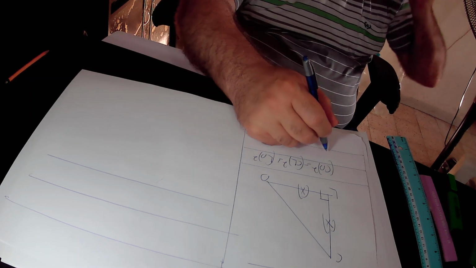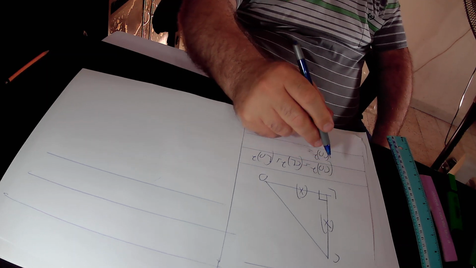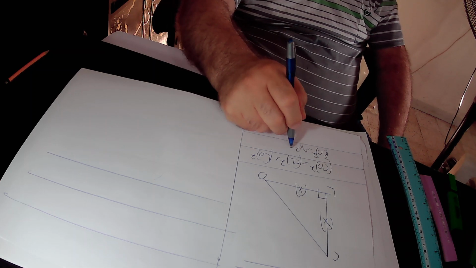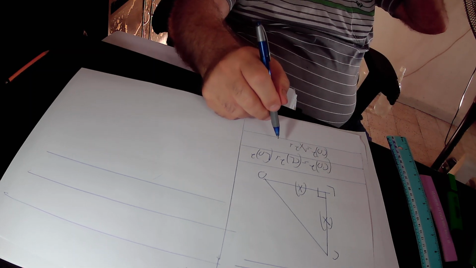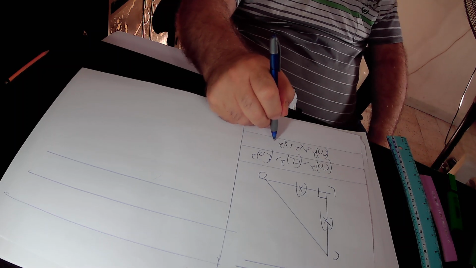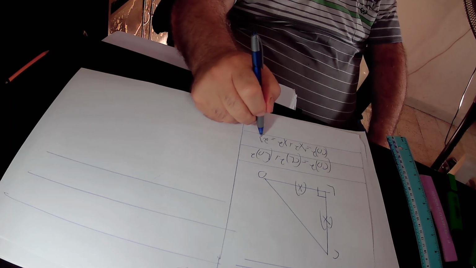So CO squared equals CL squared. CL is x, therefore CL squared is x squared, plus LO squared. LO is x, therefore LO squared is x squared. So in total, we found that CO squared equals x squared plus x squared, which is 2x squared.